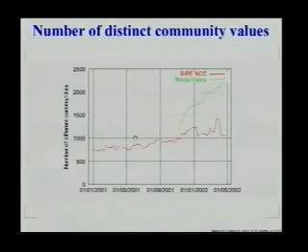A second observation here, on the y-axis we have the number of different communities found in routing tables. Here also we see that this number is really increasing, and this is again due to the transitivity of the community attribute.